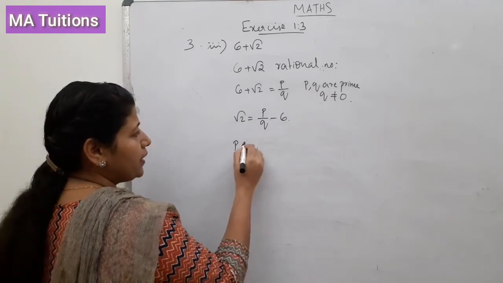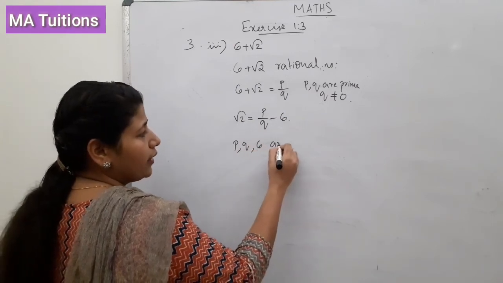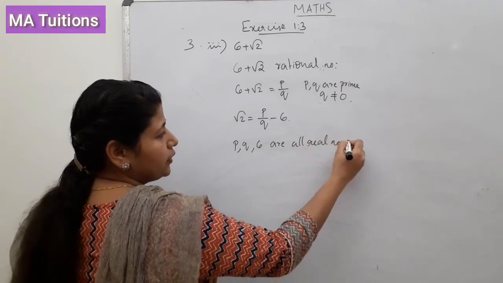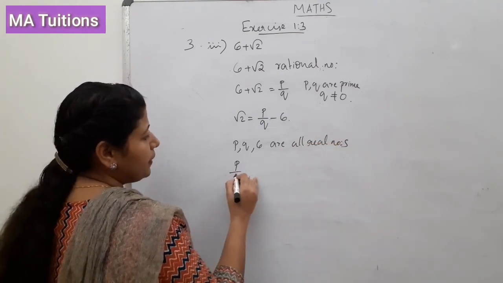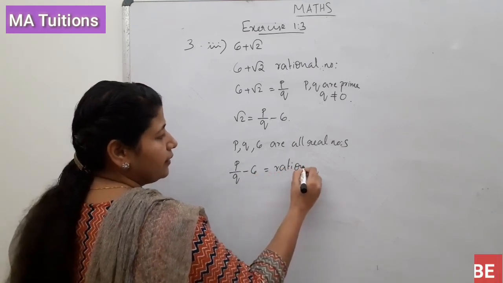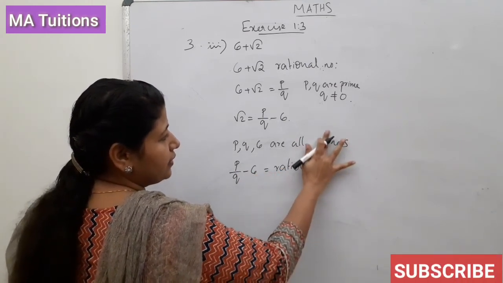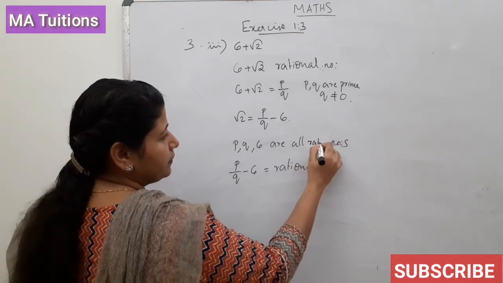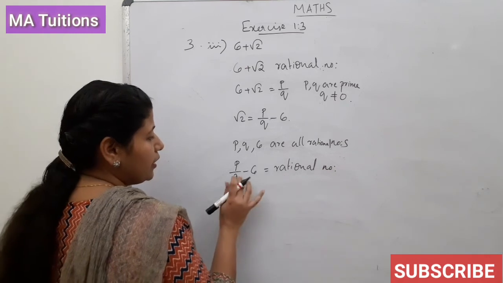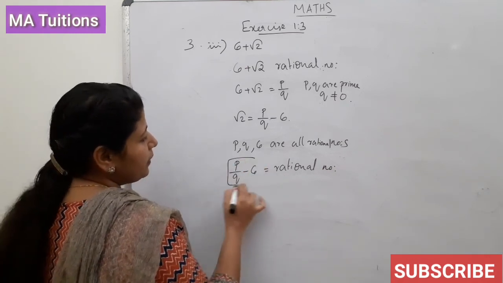Here also P, Q, 6 are all rational numbers. So P by Q minus 6 is a rational number. What is the answer of this P by Q minus 6?